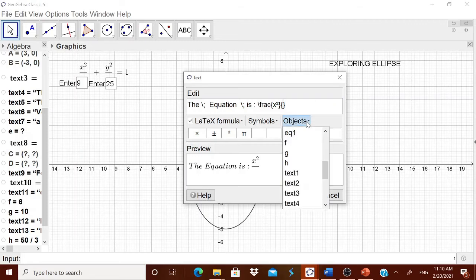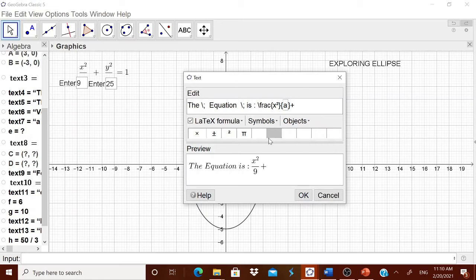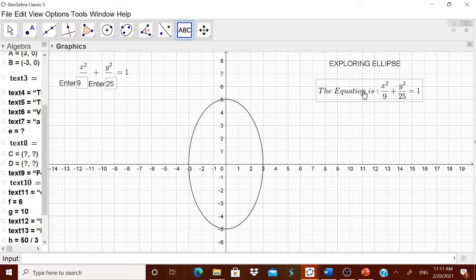Therefore in the object property you type here x square by b plus y square. Therefore what will be the y square now? Again go to the LaTeX formula, y square by a. I think there won't be any problem here, is equal to 1. Okay, now it is being displayed.